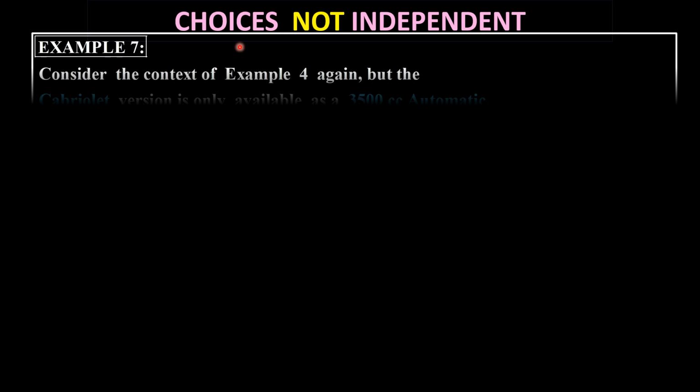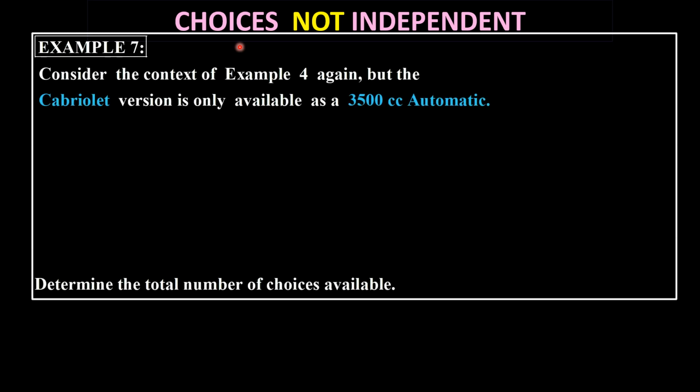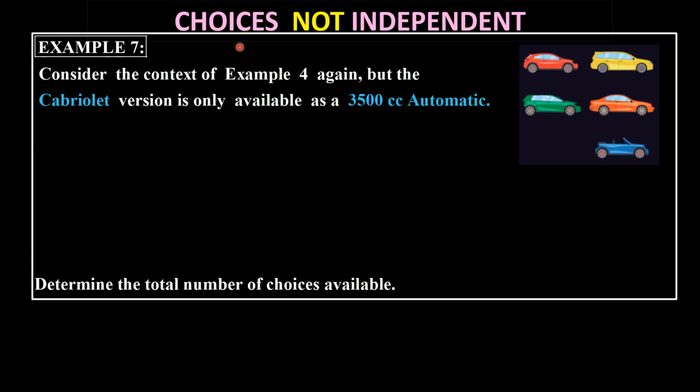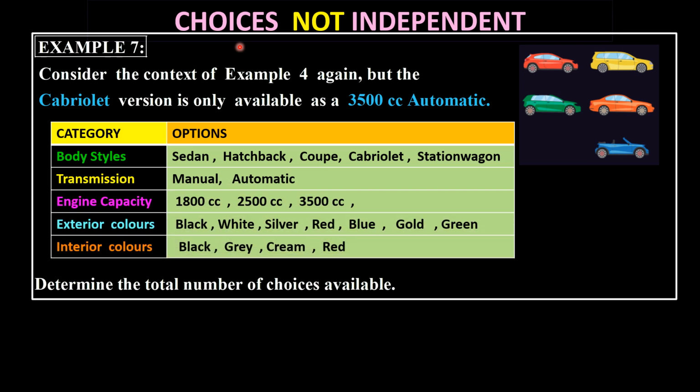Now, what if we have choices that are not independent of each other? What if they're not independent? Let's consider an example and we can show you what needs to be done. Let's take example number 4 again, right? So there we have the information of number 4, but here we have something else here. The cabriolet version, in other words, this version here, is only available in that size and in automatic.